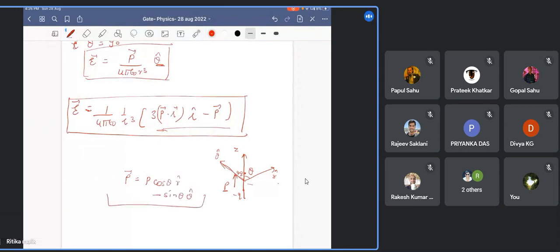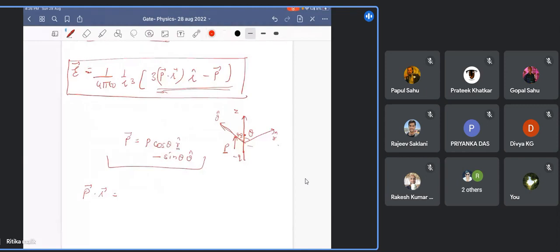If you put that here, for example P vector dot r vector, only this component will survive, because r and theta cap are perpendicular, so r cap dot theta cap will be zero.